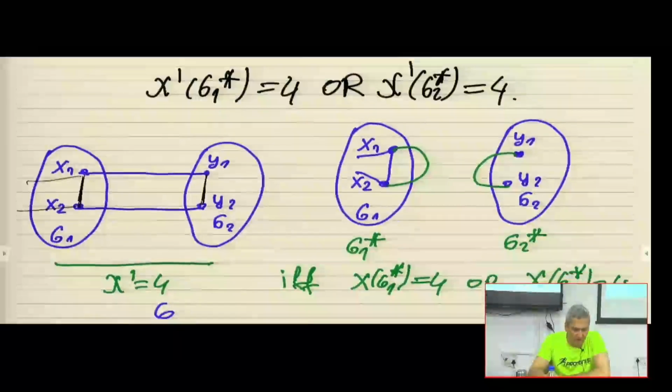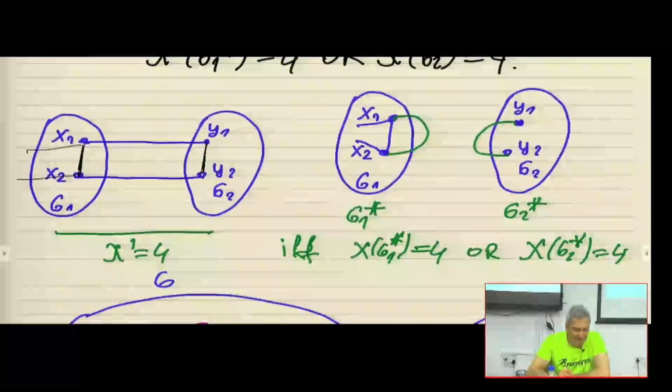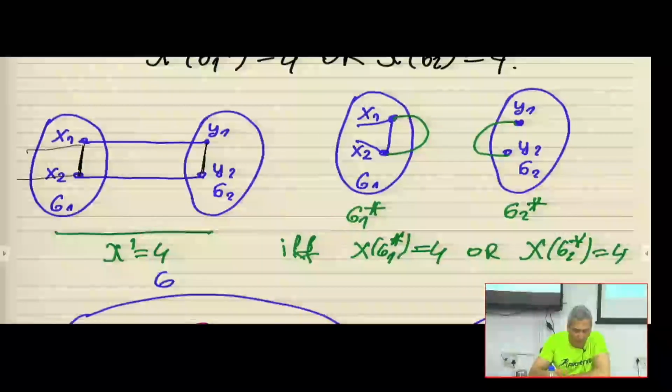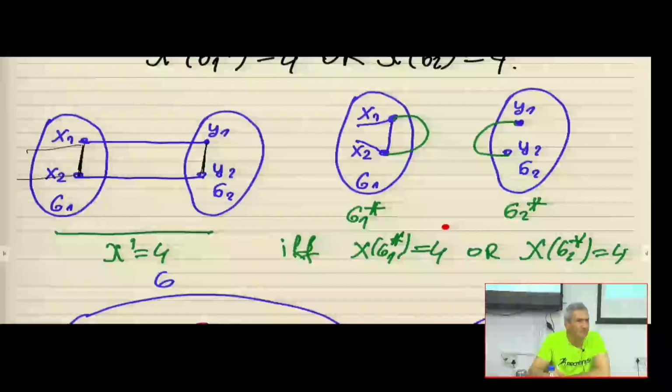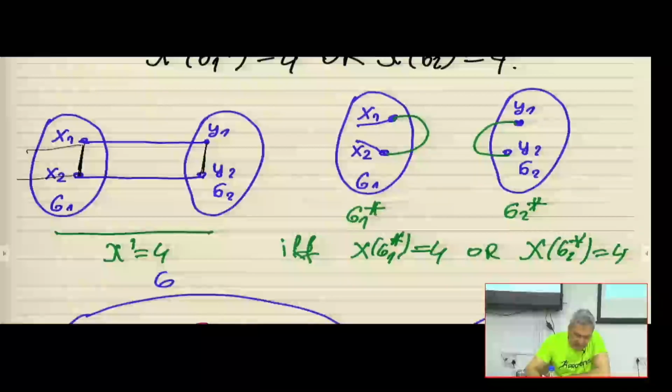It's important that if this has chromatic index 4, then one of these has chromatic index 4. So suppose that both of them are chromatic index 3. I will delete this here.